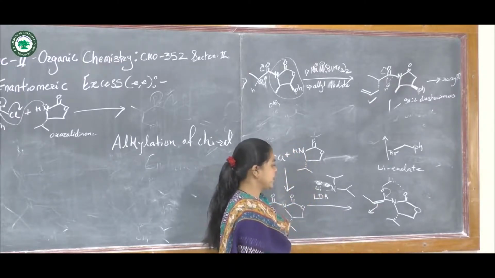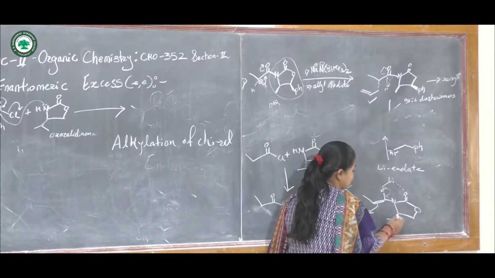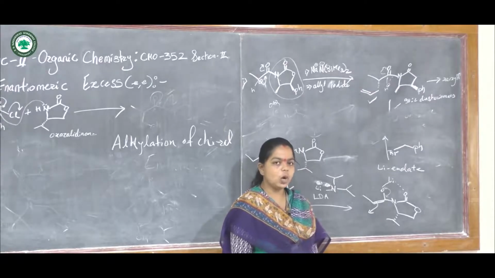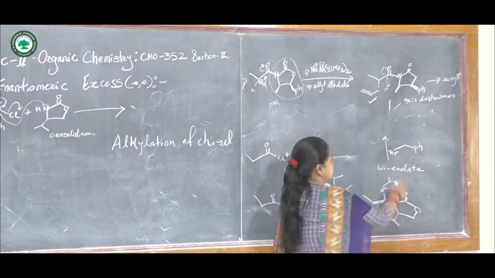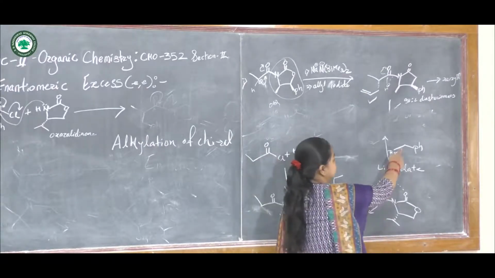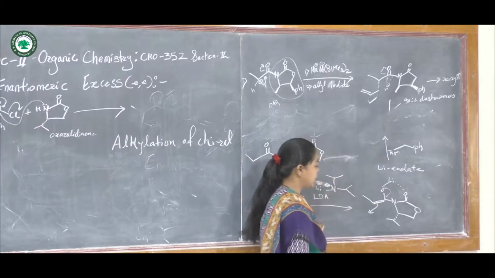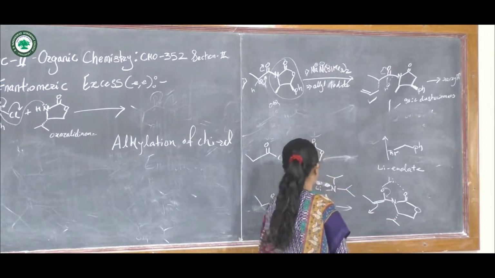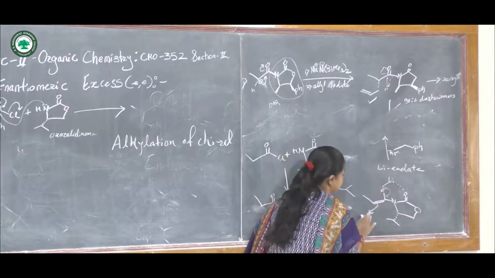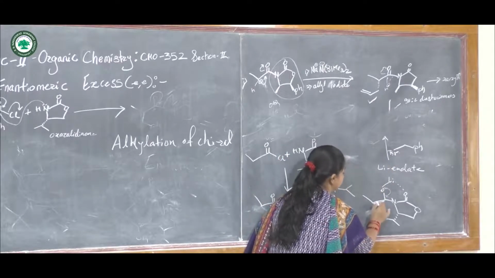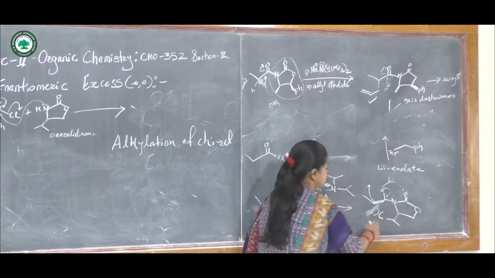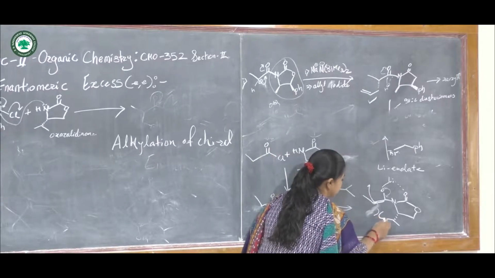But in this case we can see that the back side, or the below side, of the substrate is sterically hindered. It is not easily accessible for the electrophile. This is the electrophile and this is the nucleophile. So it is going to react with this carbon atom, but the below side is sterically hindered. So the attack, or approach, of the electrophile takes place from the above side, because the other is the sterically hindered side.